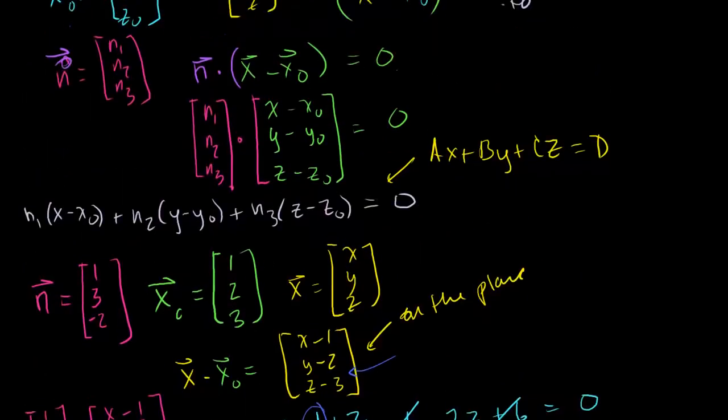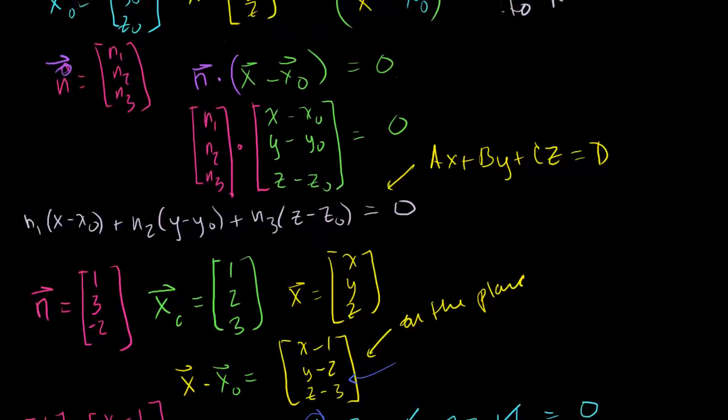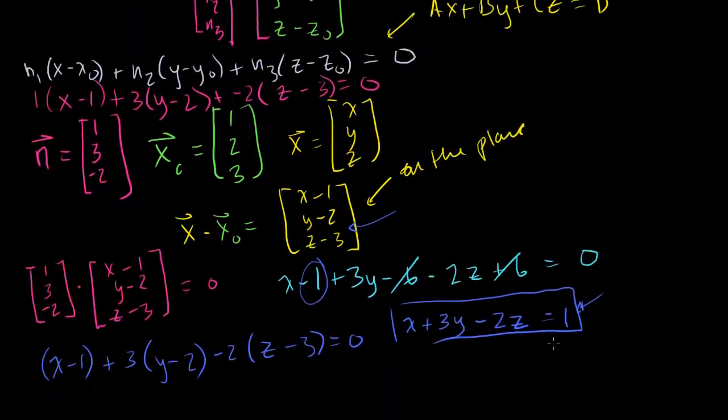You could have just used this formula: n1, which is 1, times x minus x naught, so x minus 1, plus n2, 3, times y minus 2, plus minus 2 times z minus 3 is equal to 0. And then if you just did a little bit of algebra, you would have gotten there.